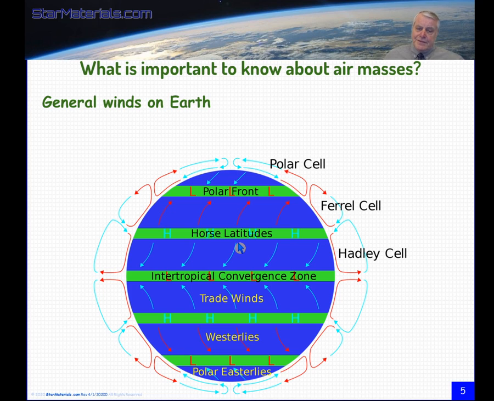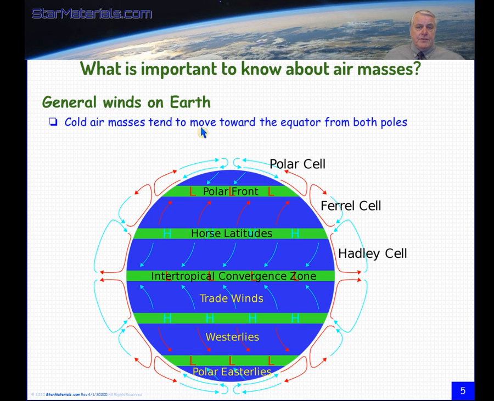On the surface, here's another set. They're going in this direction. And you can see on the southern hemisphere, they're reversed. And this is due to the spinning of the Earth as it rotates. And, of course, the air being different temperatures and moving around.